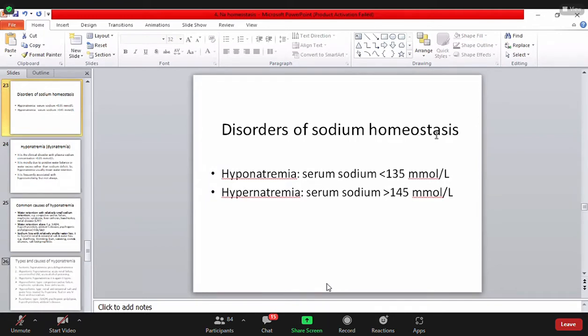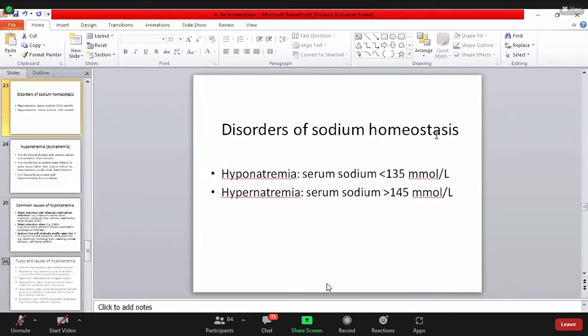All of you know what is the normal serum sodium concentration? Bolo to, what is the normal serum sodium concentration? 135 to 145 milliequivalent per liter or millimole per liter.